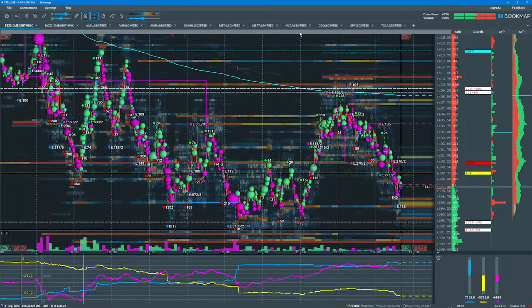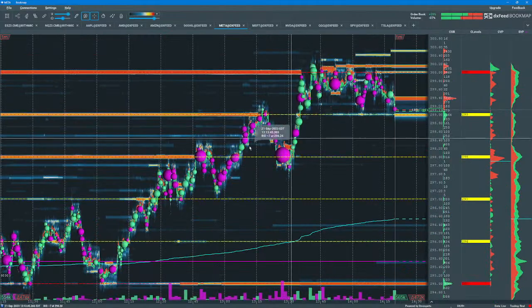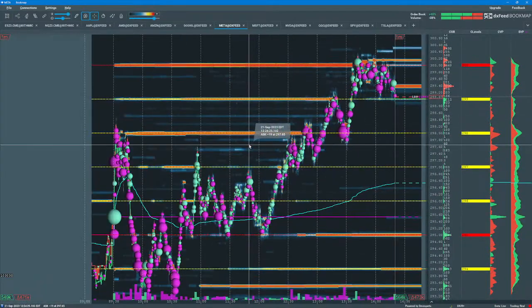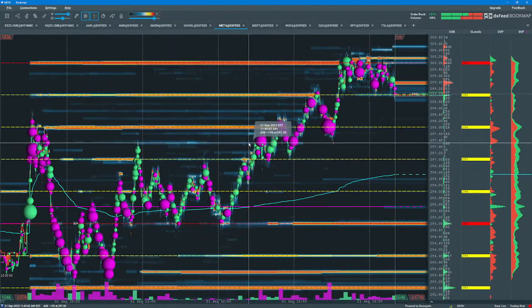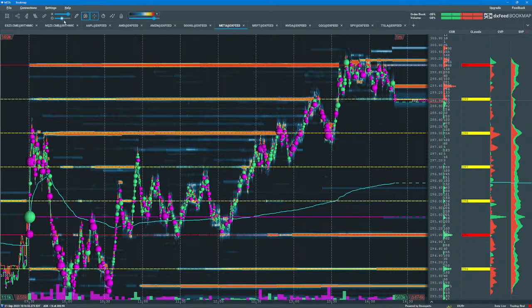All right, so let's take a look at the live market now. Oh, slow to start. I wanted to take a look at Meta. All right, so nice rally in Meta today. Let's see what options traders are doing. So let's go to Hero for Meta.